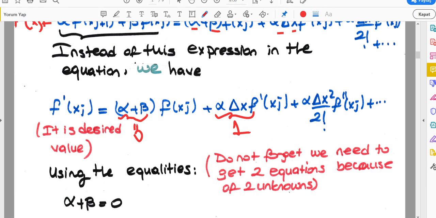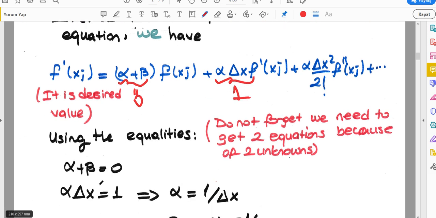So two equations will be enough to solve such a system. Look here: the first equation, alpha plus beta is 0, and alpha times delta x is 1. They are enough to solve them.